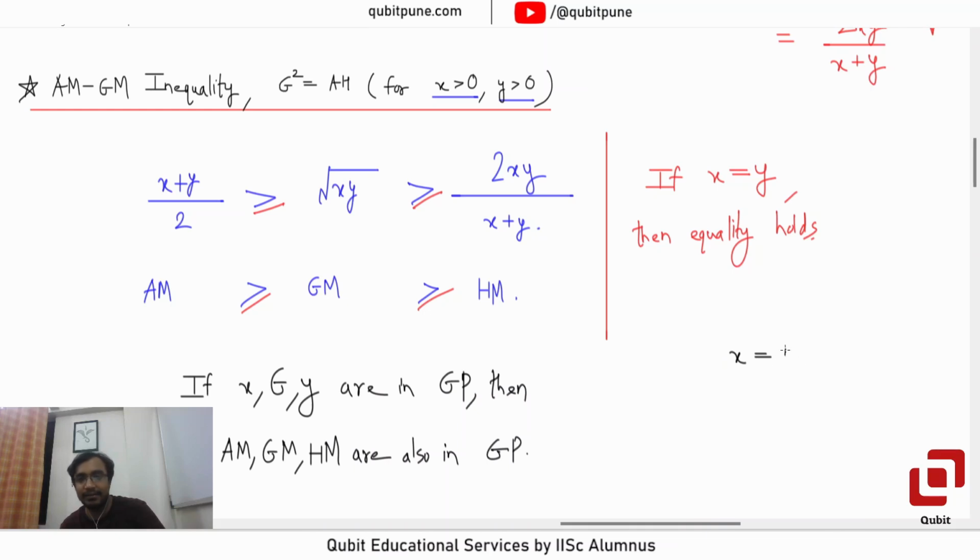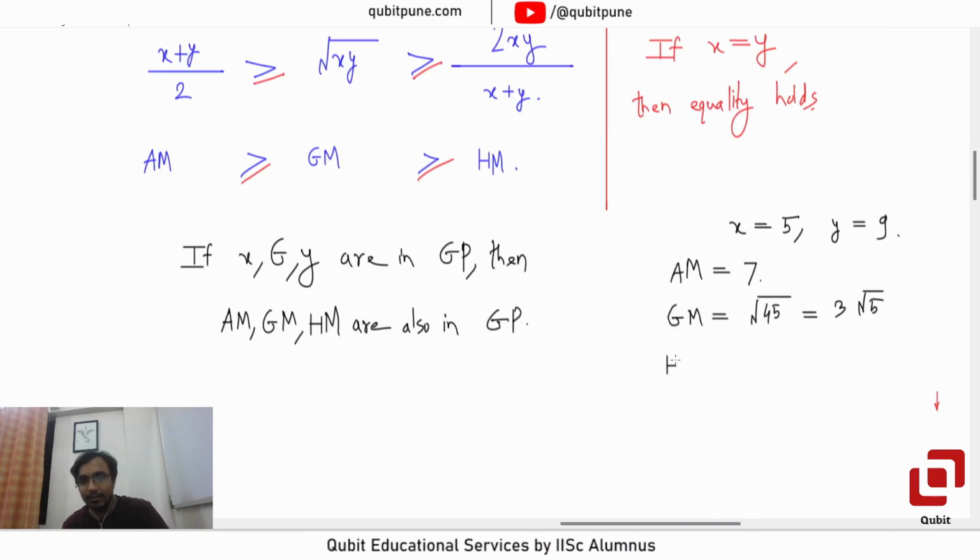Suppose I take x as 5 and y as 9. So what will be the AM? 7. What will be the geometric mean? Root 45, or 3 root 5.